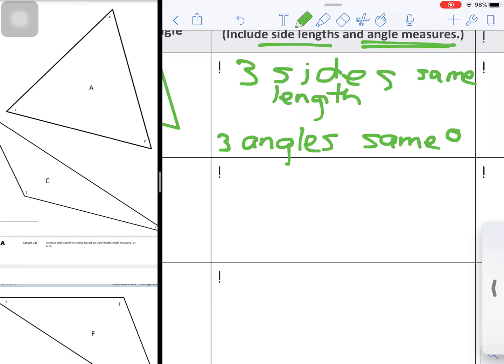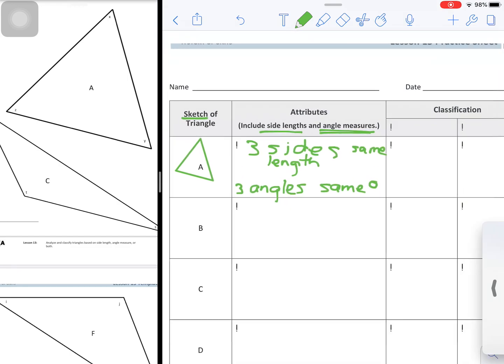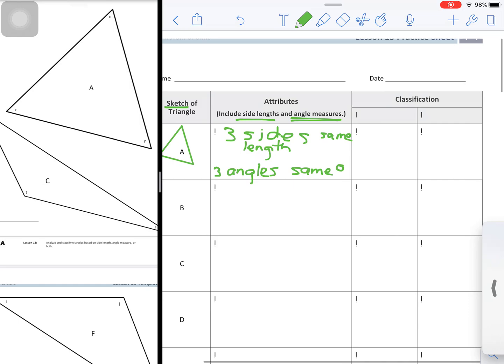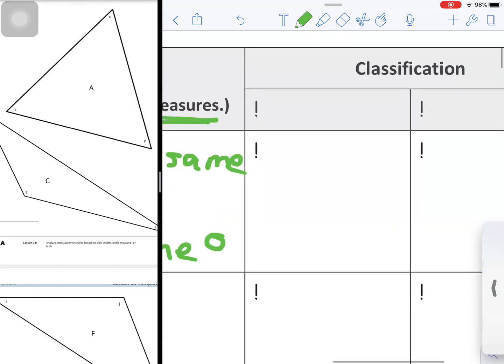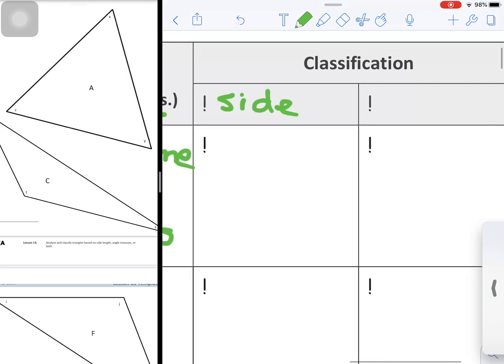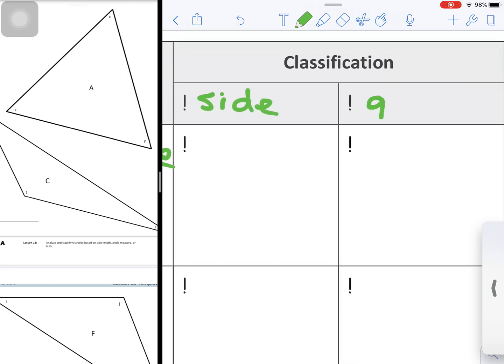So they're about the same degrees. Now, in our classification, we have special names for these. So we're going to be classifying by their attributes, which are the side length and the angle measure.